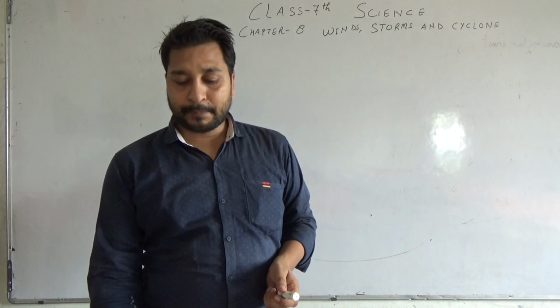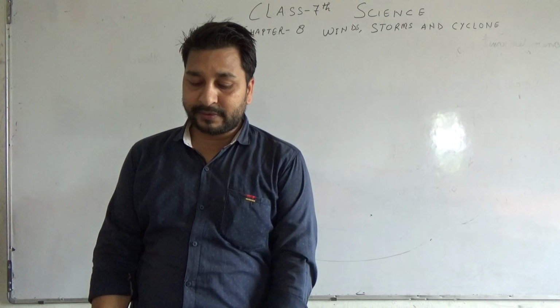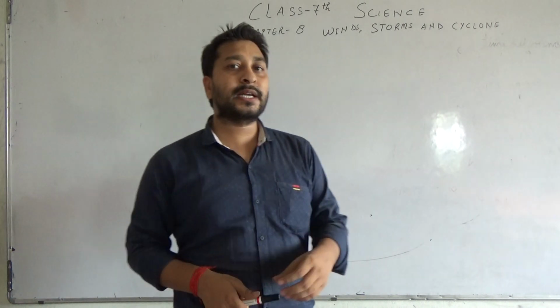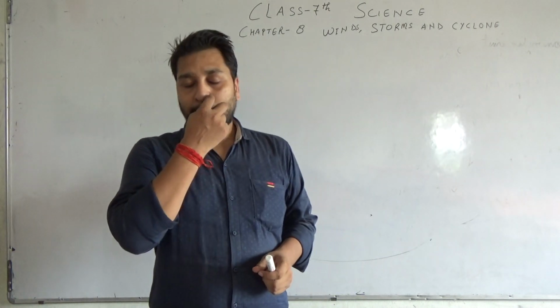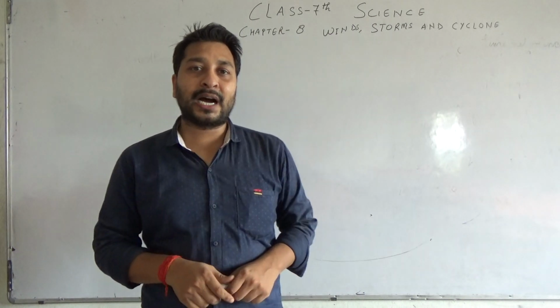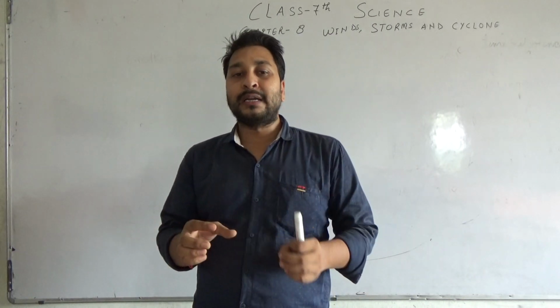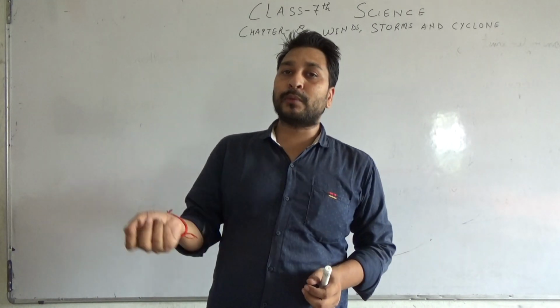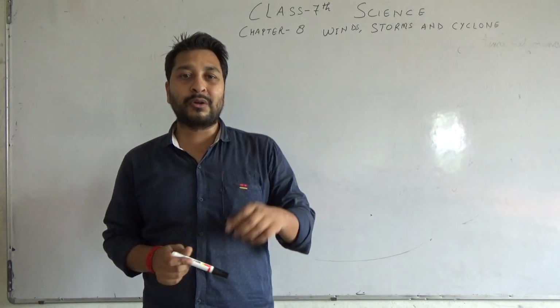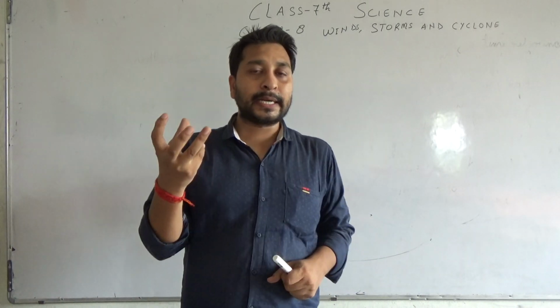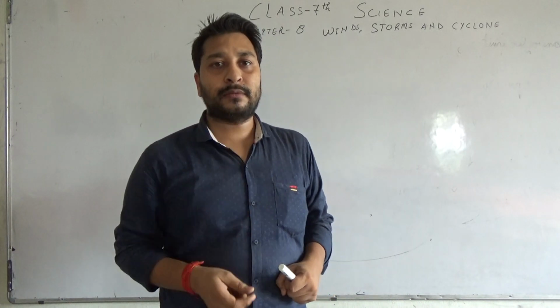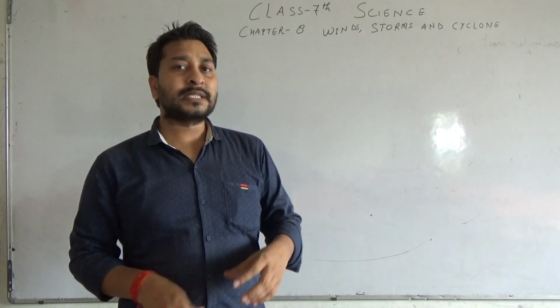Here is one example in your book. Activity 8.1: there is a tin can. You fill warm water in it, then remove the water and apply cold water on it. Then the tin becomes distorted. Why is it so?